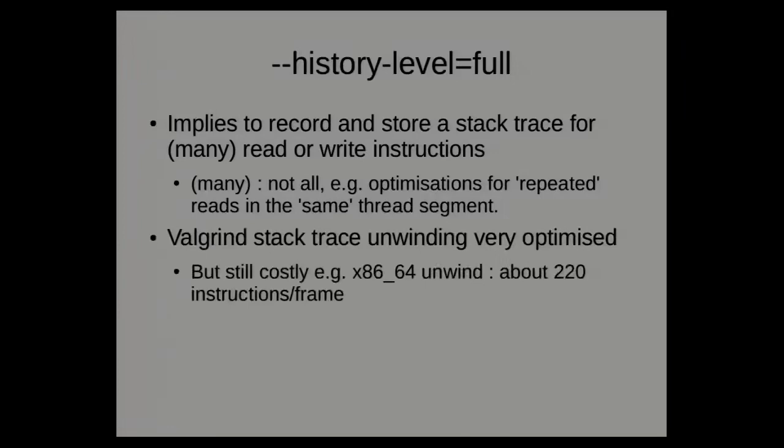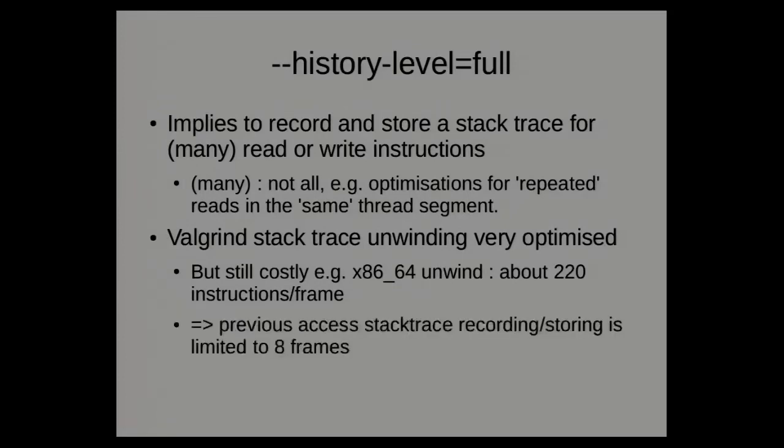So the Valgrind stack trace unwinding is very optimized, but it's still costly. Julian has done some measurement, I think, 1 to 2 years ago, to evaluate the cost of the unwind on x86-64 bit, to unwind one level of a stack trace. So, for example, you have main, A, B, C, and to detect that C was called by B, this is unwinding one frame, and this costs about 220 instructions.